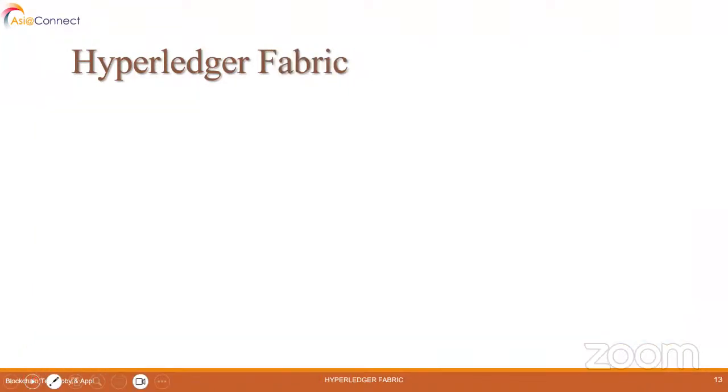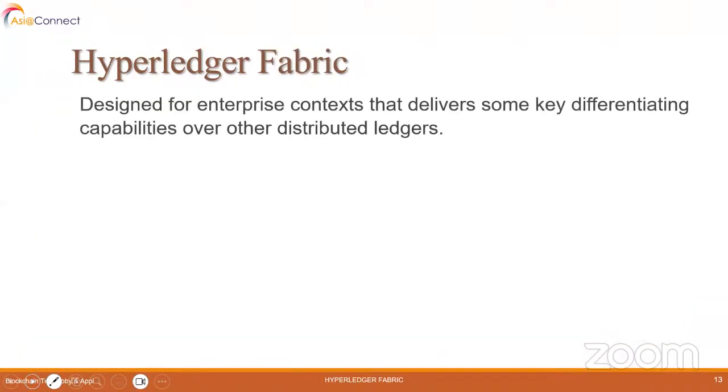Okay, so coming to Hyperledger Fabric, my dear friends, what is Hyperledger Fabric? It is designed for enterprise context. What does that mean? For enterprise level transactions, various constraints are there, right? If I wish to publish some article as an academic person, all that I need is to submit it in a journal.